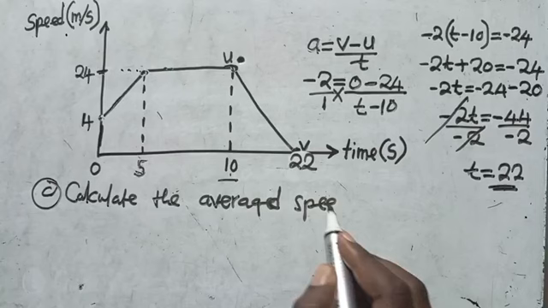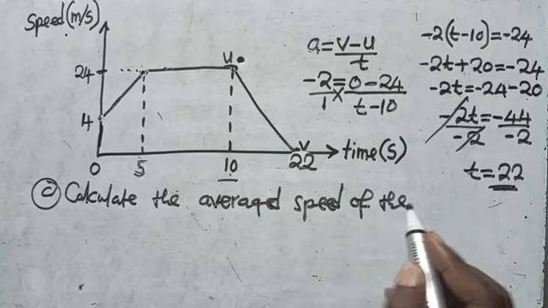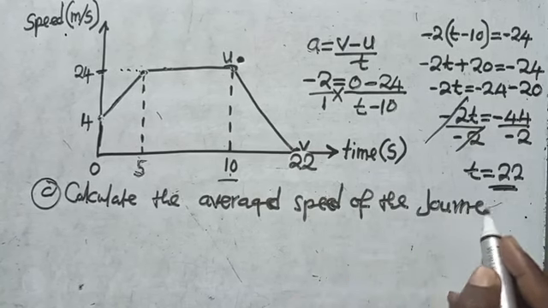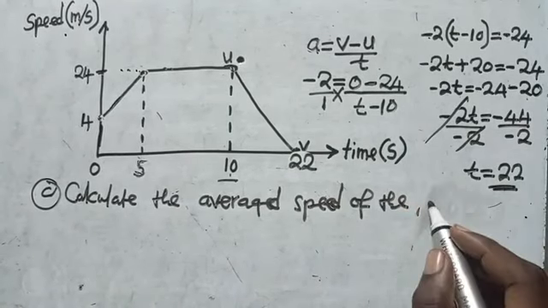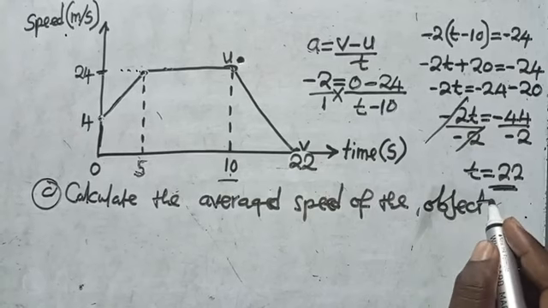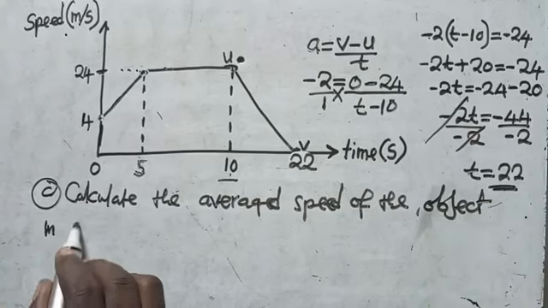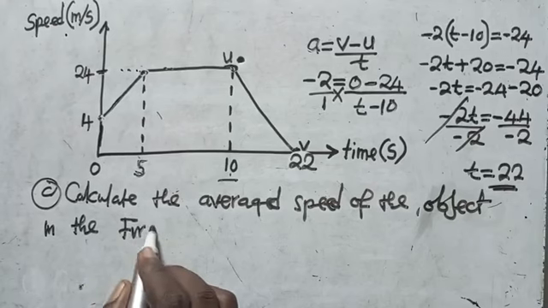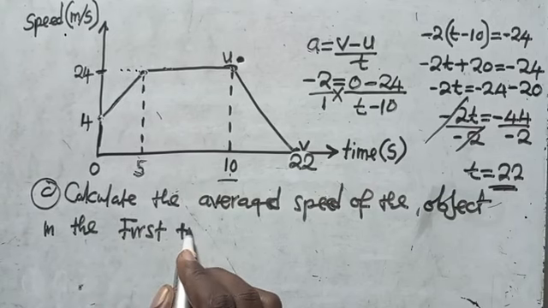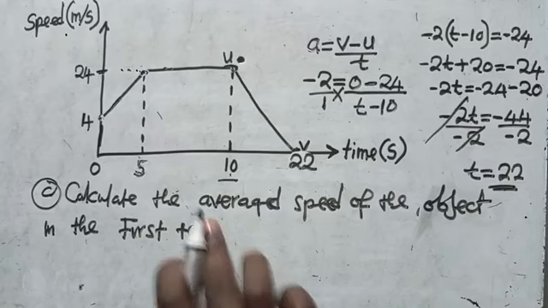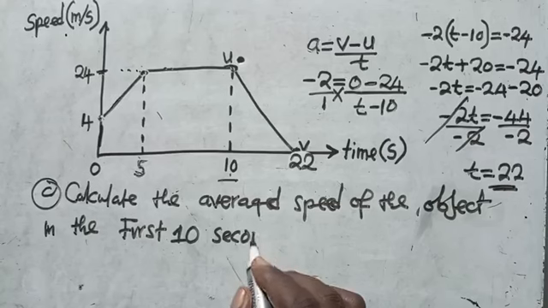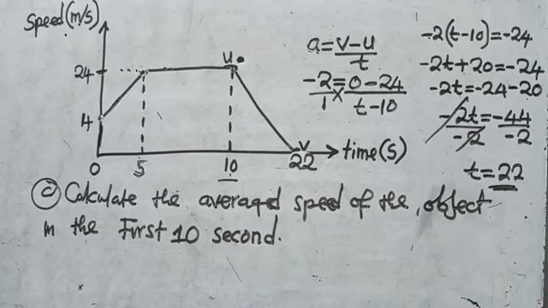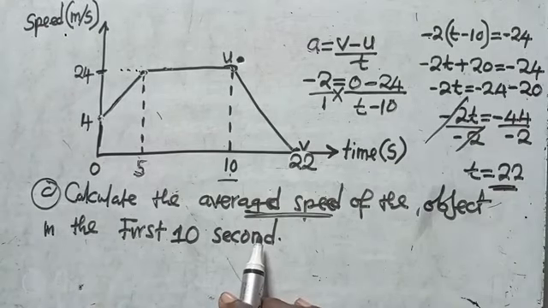You are told to calculate the average speed of the journey of the object in the first 10 seconds of the journey. This is what you are given. So you are told to calculate the average speed of the object in the first 10 seconds.